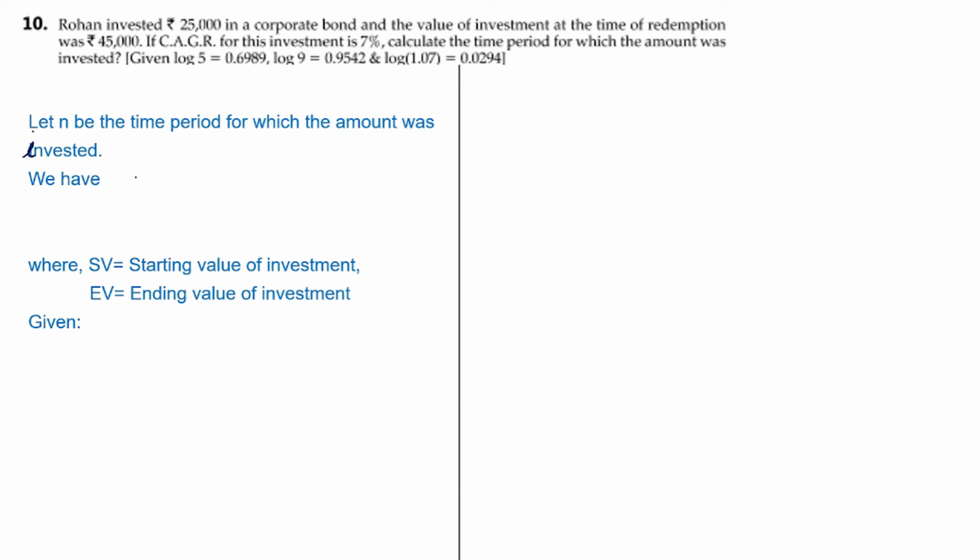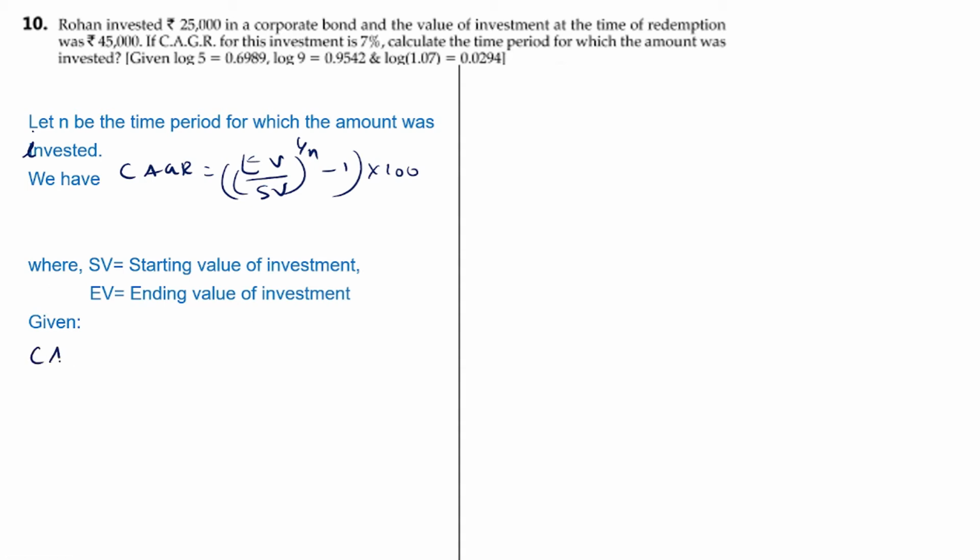So we have the compound annual growth rate as (ending value upon starting value) the whole raised to 1 by n, minus 1, into 100, where SV is the starting value of investment and EV is the ending value of investment.